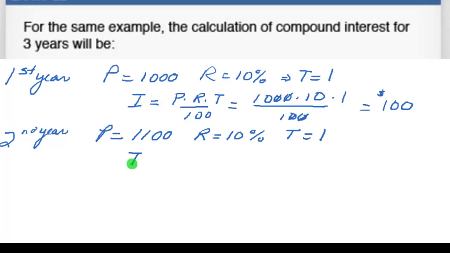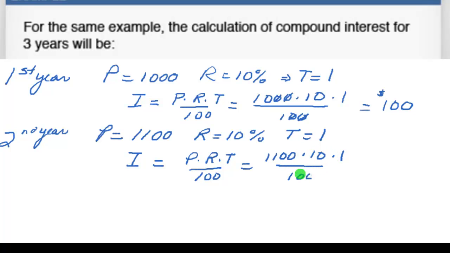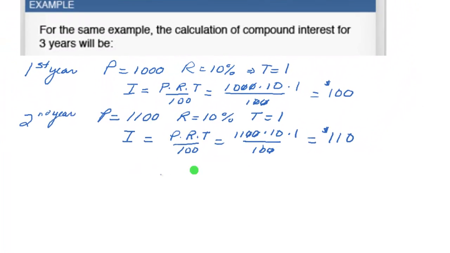So interest equals principal times rate times time over 100. So 1,100 times 10 times 1 over 100. Canceling zeros, we get 11 times 10, or $110. Okay, so your interest for year 2 is $110.